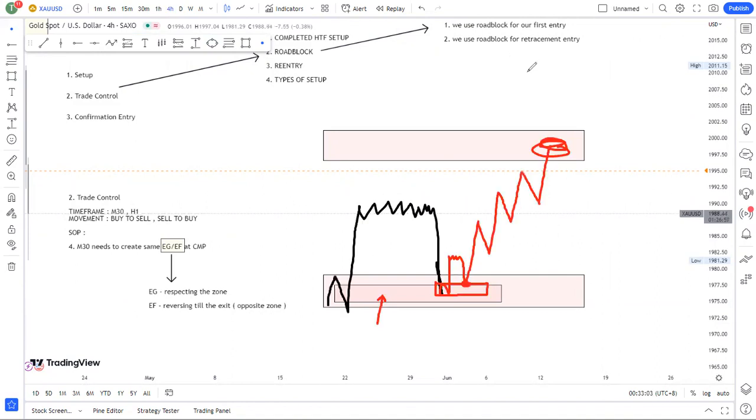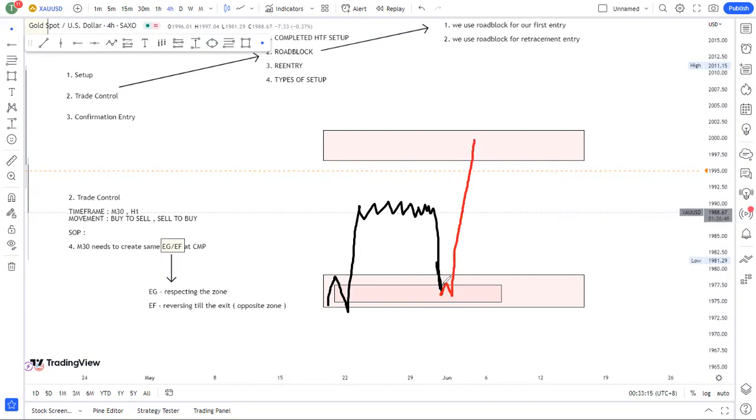Because sometimes when the price went to the zone and created a confirmation entry here, it may just go up without collecting this buy zone. So that's why we need to put a little more focus on this first entry zone. Do you understand? Yeah. All right, good. So let's move to the chart.